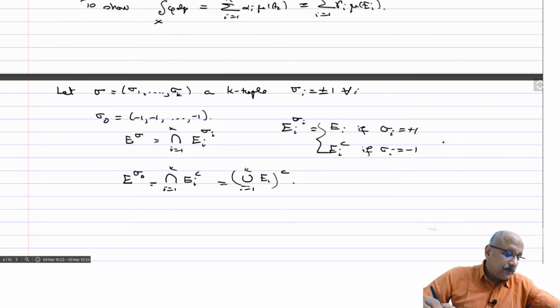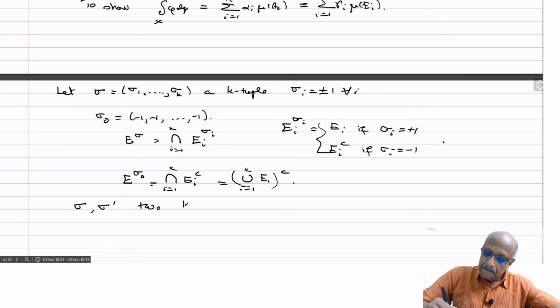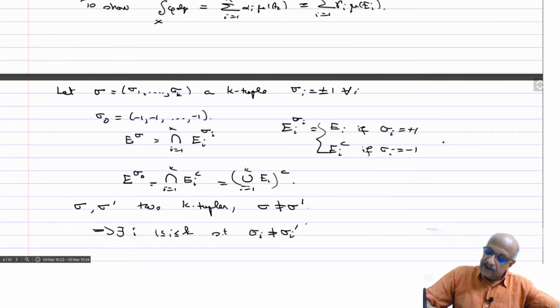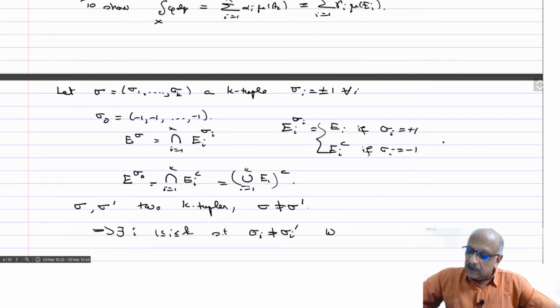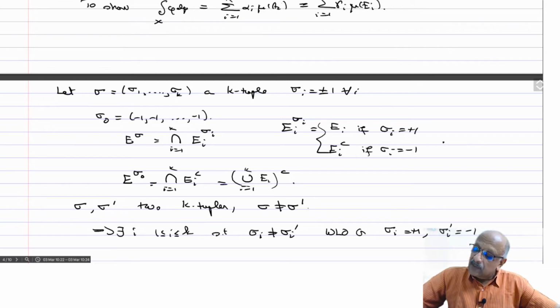So if sigma and sigma dash are two k-tuples such that sigma is not equal to sigma dash, that means there exists an i, 1 less than or equal to i less than or equal to k, such that sigma i is not equal to sigma i dash. Without loss of generality, let us assume sigma i equals plus 1 and sigma i dash equals minus 1.